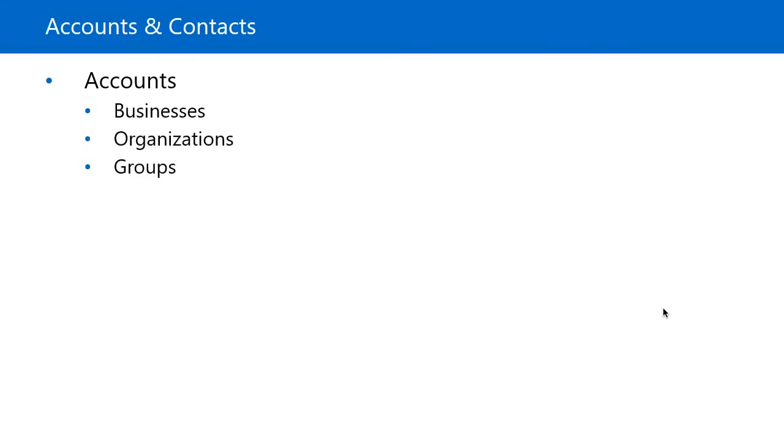At the heart of all environments is keeping track of your customers. In Dynamics 365, those are referred to as accounts and contacts. So what is the difference between the two? Well, an account generally represents a company or an organization. In other words, an account is a group of people.